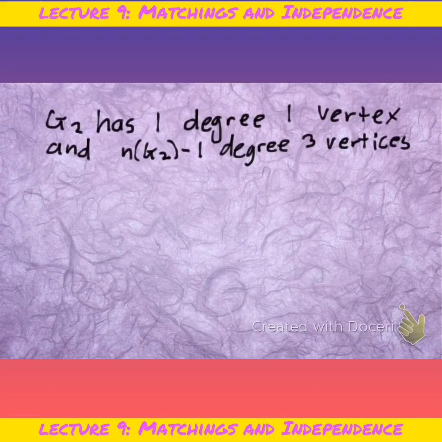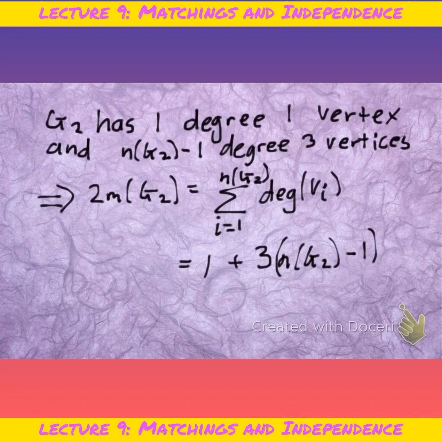That's going to imply, again by the edge formula, that twice the size of G2 is going to be the sum over the degree sequences. And that's going to add up to 1 plus 3 times the number of vertices of G2 minus 1.